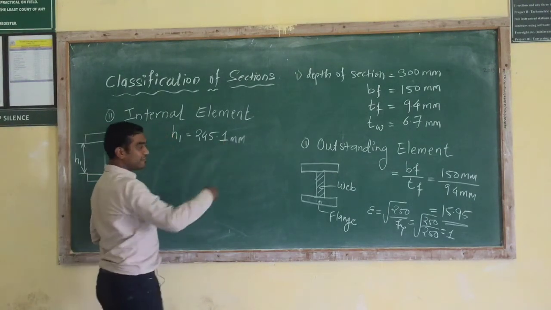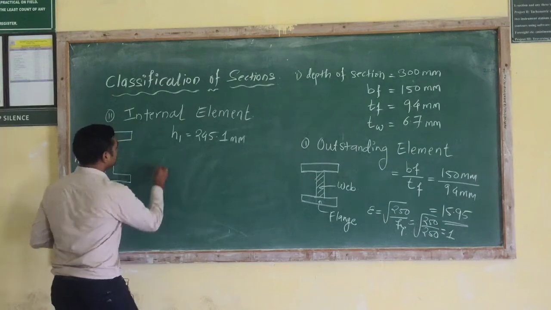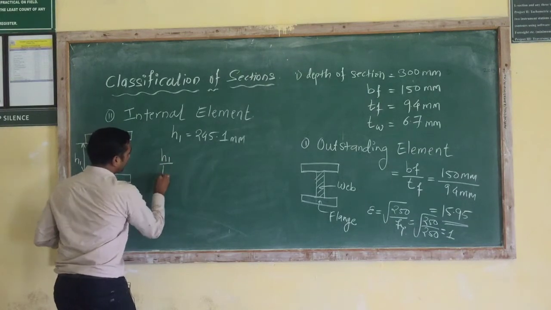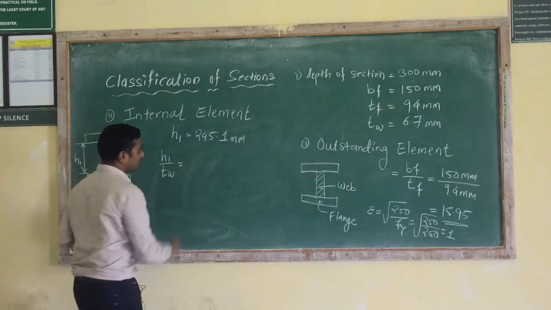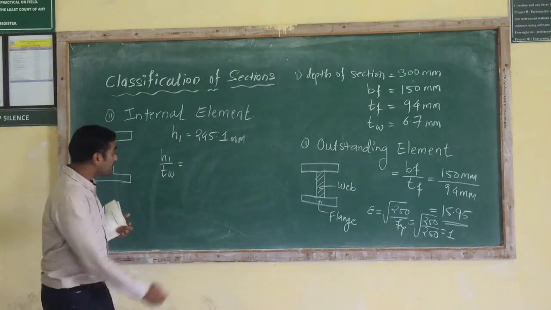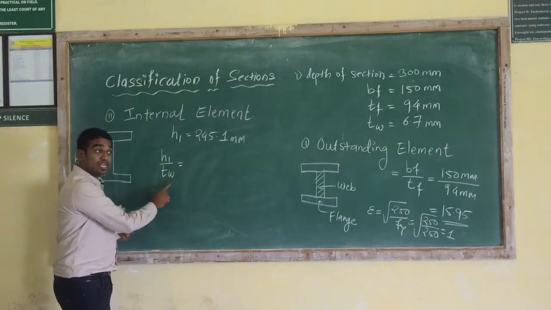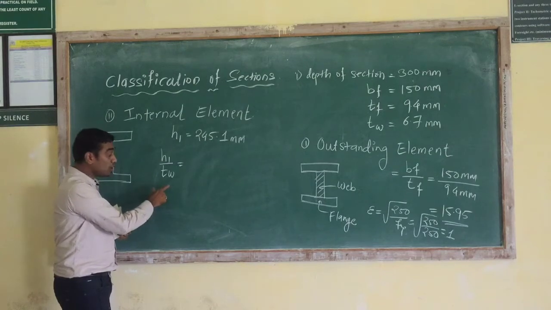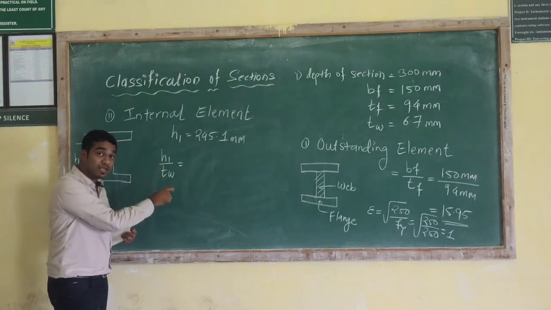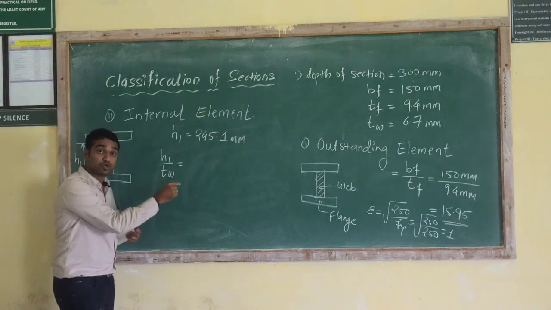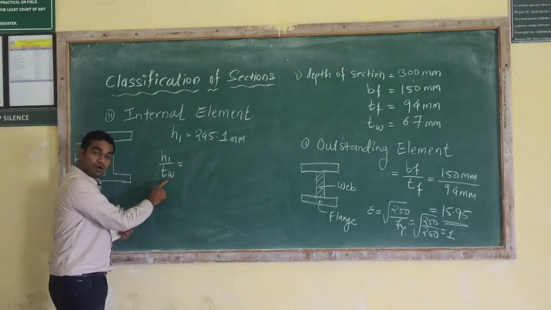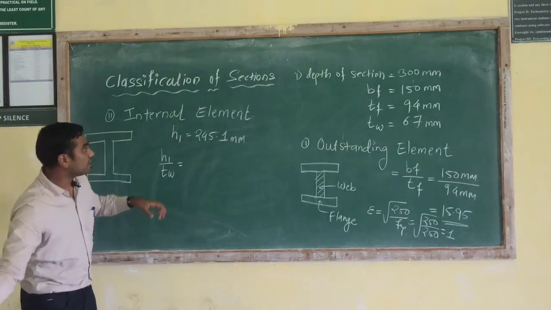Now you will find the ratio, that is h1 divided by thickness of web. What ratio do we have to consider here? H1 divided by thickness of web, because we are dealing with the internal element, the web portion. That's why here we have to use the thickness of web.